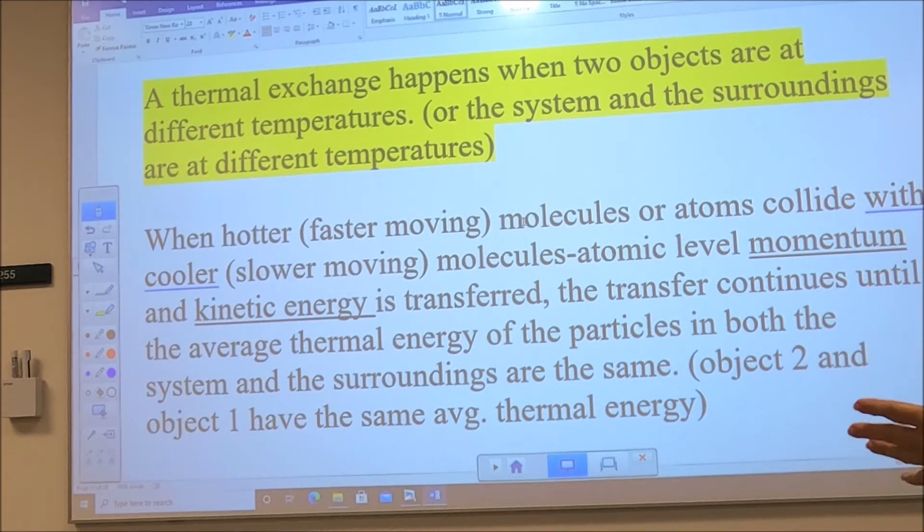When we have two objects at different temperatures, like a system and the surroundings, or a rock and a cup of water, the particles in the hotter object, or the hotter part of what we're looking at, are moving faster. They collide with the cooler, slower moving molecules and atoms, and there's a transfer of kinetic energy and a transfer of momentum.